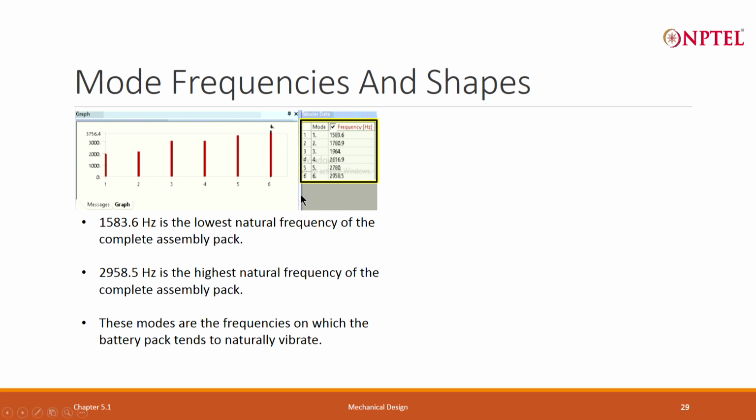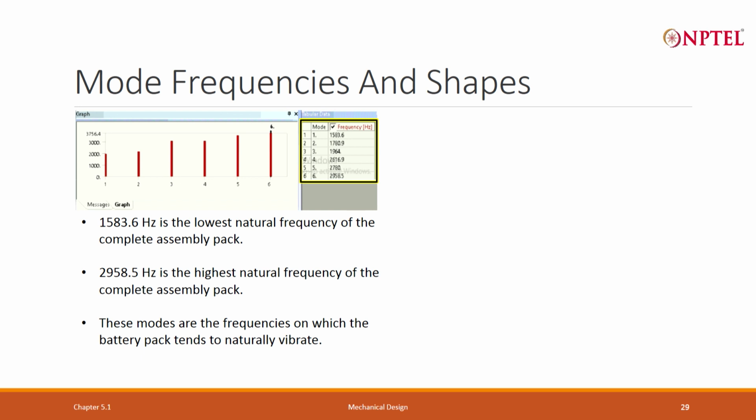We have tried the frequency range between 1 to 2500 hertz. What we are finding is that 1583.6 hertz is the lowest natural frequency we are getting. So, in 30 hertz to 150 hertz we did not get any natural frequency.